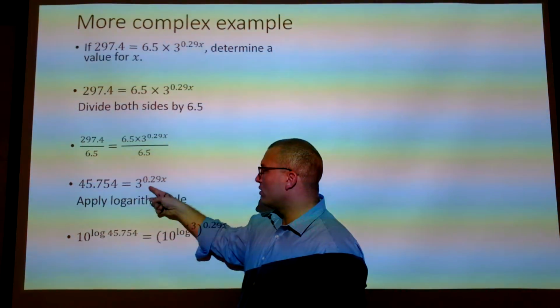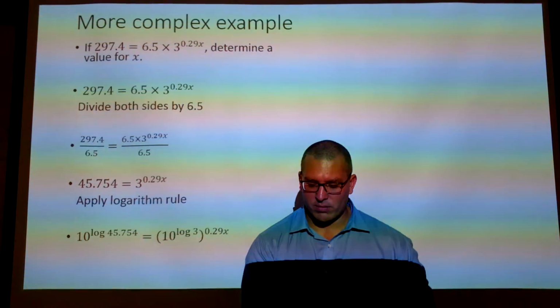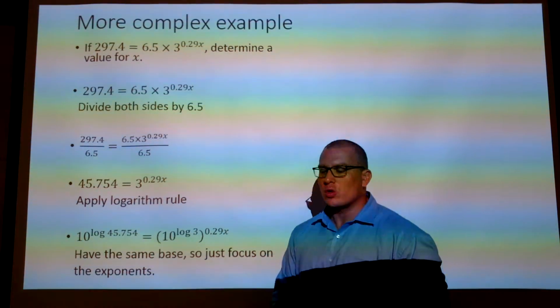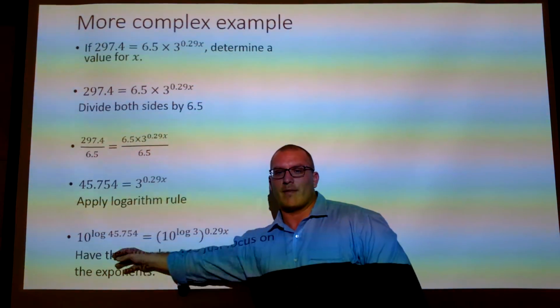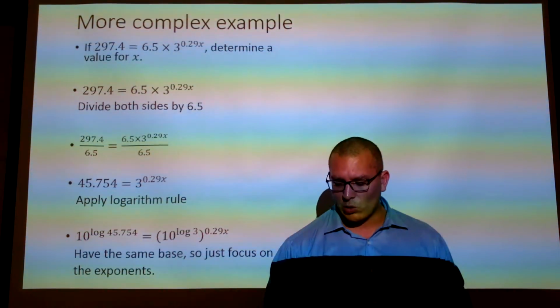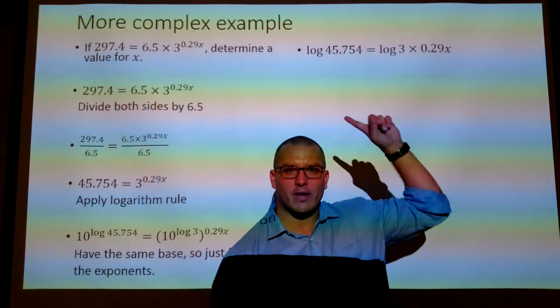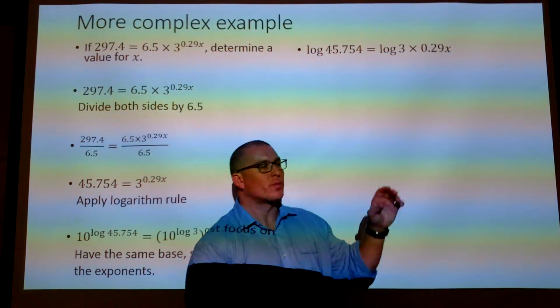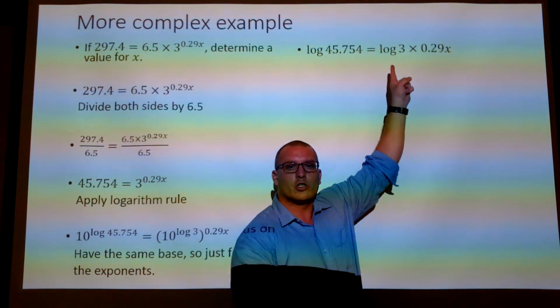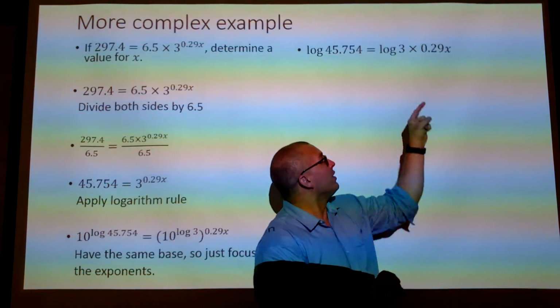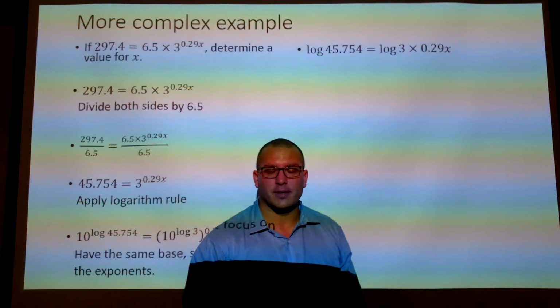There's the log, so there is the higher power. So again, the bases are the same. We have bases here of 10, so all we have to do is look at the exponents, which I have up here. So, log of 45.754 is equal to log 3 multiplied by 0.29x.